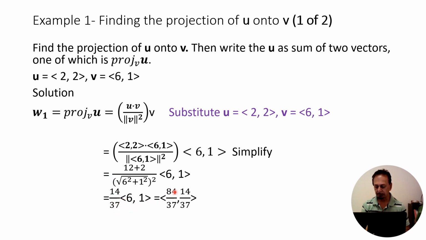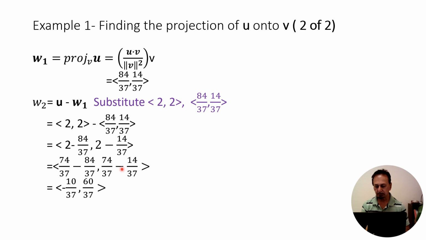So 14 times 6 is 84 over 37 comma 14 times 1 over 37. So that's W1, the projection of U onto V.